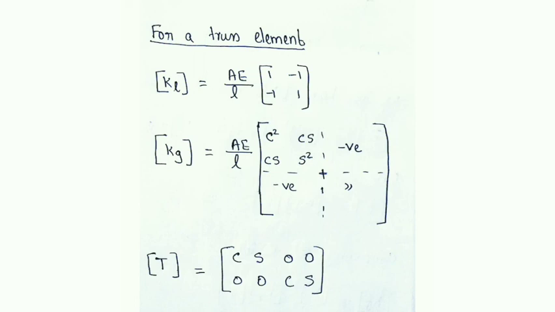The second part is the negative values of this first part. The third is also the negative values of the first part, and the fourth is similar to the first part. And finally the transformation matrix is C S 0 0, 0 0 C S. These three matrices can be directly used in analytical problems. You need not derive them for every case, you can directly use these.